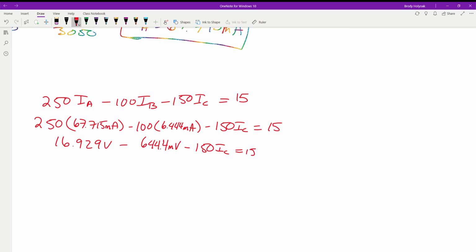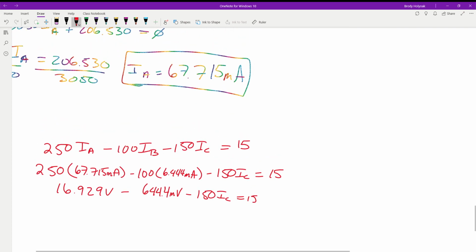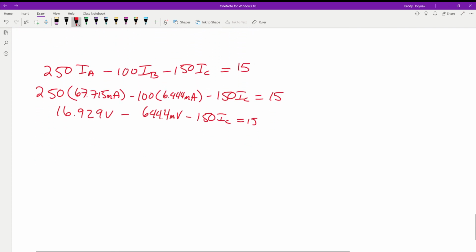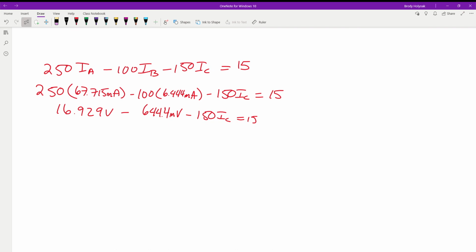I typed it in as 64 millivolts instead of the 644 millivolts. So we'll combine those guys together to give us one value. The 16.929 minus the 644 millivolts gives us 16.285 volts minus 150 IC equals 15.